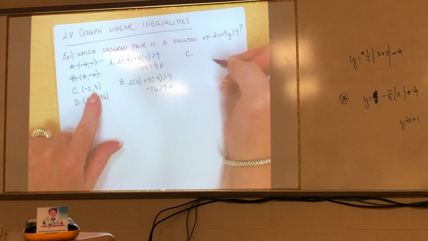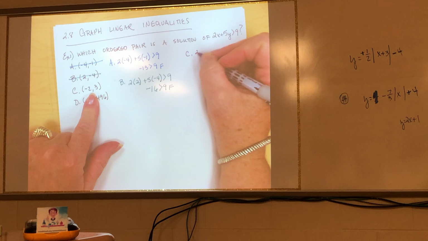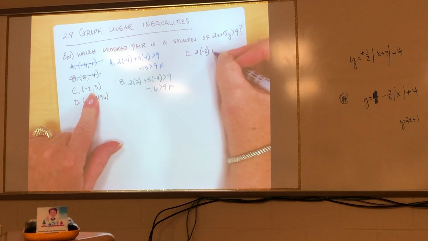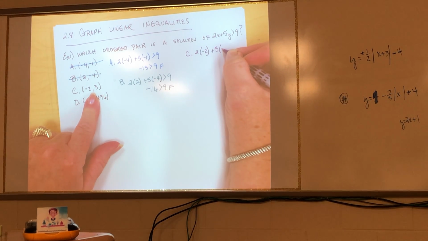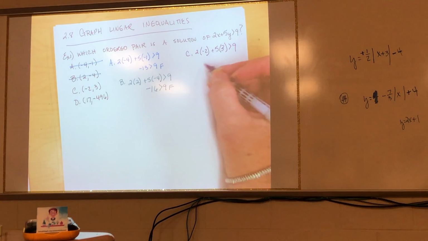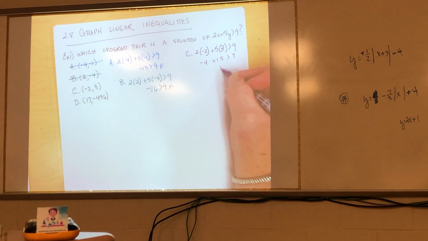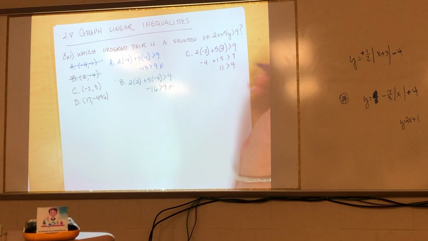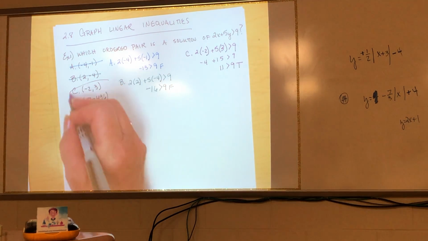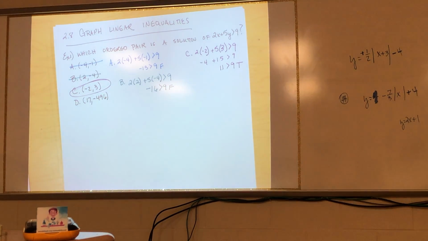This is C. 2 times -2 plus 5 times 3 greater than 9. I'm going to do this one in my head. -4 plus 15 greater than 9. 11 is greater than 9. True or false? True. So that's my solution. It's the easiest way to do it, guys. Anybody got a question? Okay.